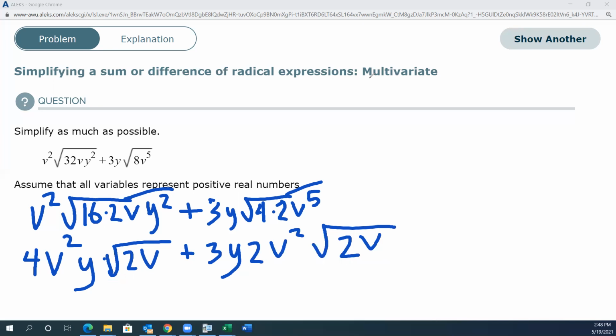Those don't have to match, but if they do, that's fine. So I've got 4 of these things, and then another 6 of them makes 10 of them. So I'll say my answer is 10 v squared y, or y v squared, doesn't matter, square root of 2v. That's the way we do it.